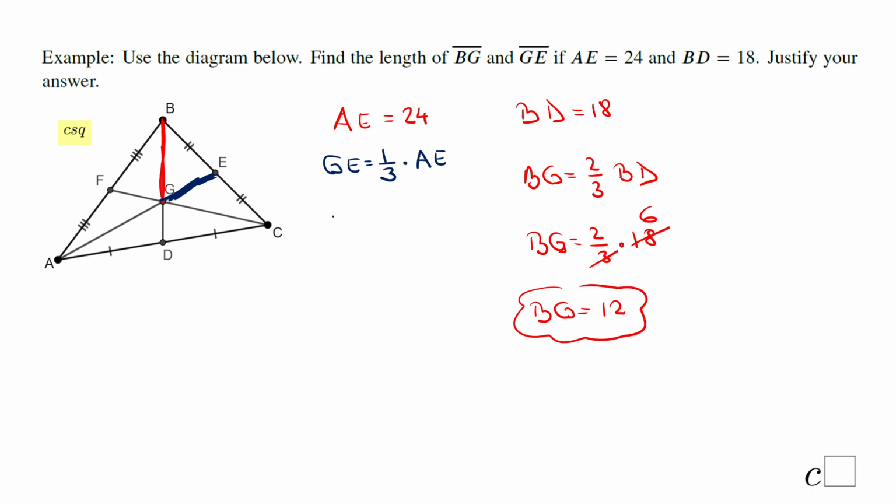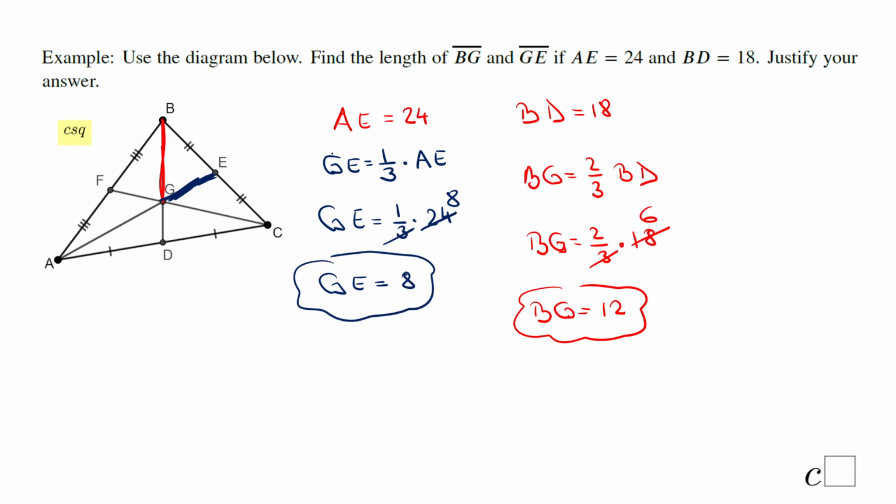So in our case, GE will be 1 over 3 times 24, a very similar approach. 3 goes in 24 8 times, so GE will be nothing else than 1 times 8, which is 8. So very useful if you remember this relationship. Other than that, you will need to find AG and then subtract that AG from AE.